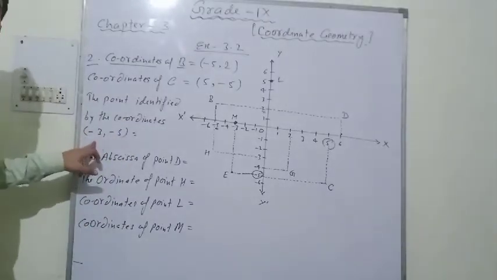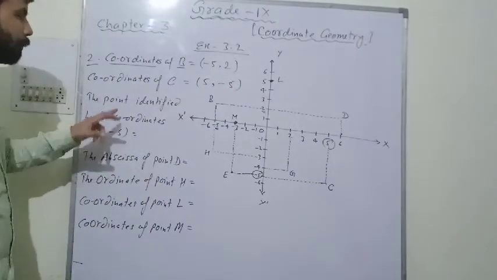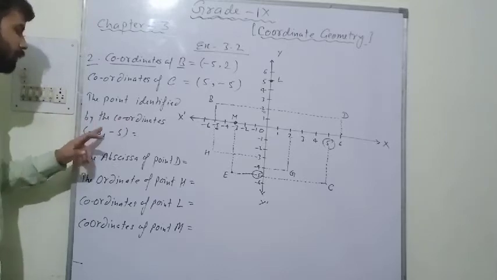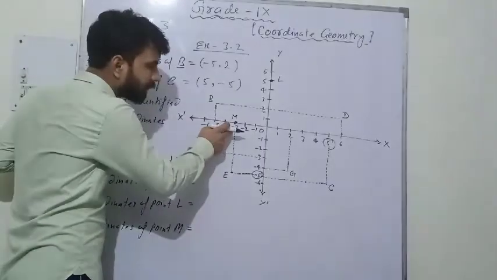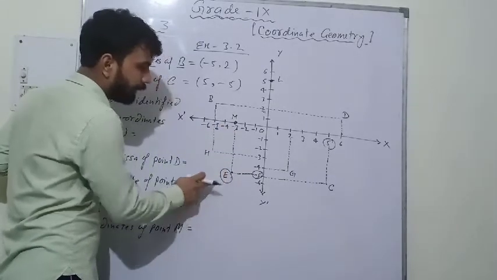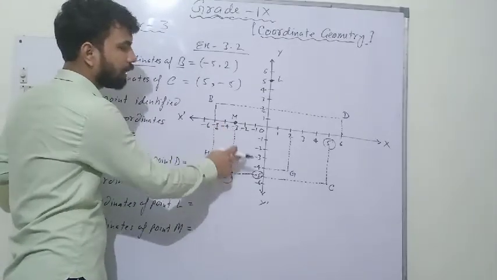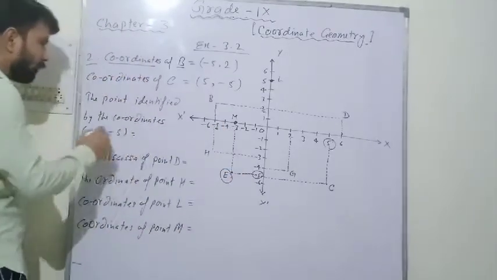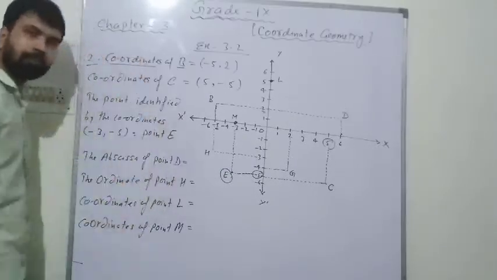Now coordinates are given and we have to identify the point. So we have to find the name of the point whose coordinates are -3 and -5. So X is -3 here and Y is -5 here. So E point is a point which is identified by the coordinates -3, -5. So you have to write here point E.